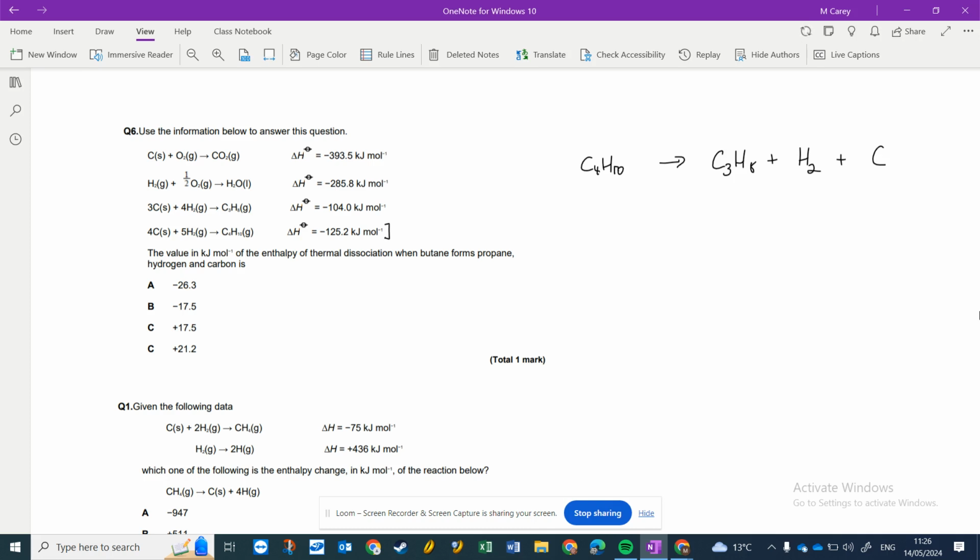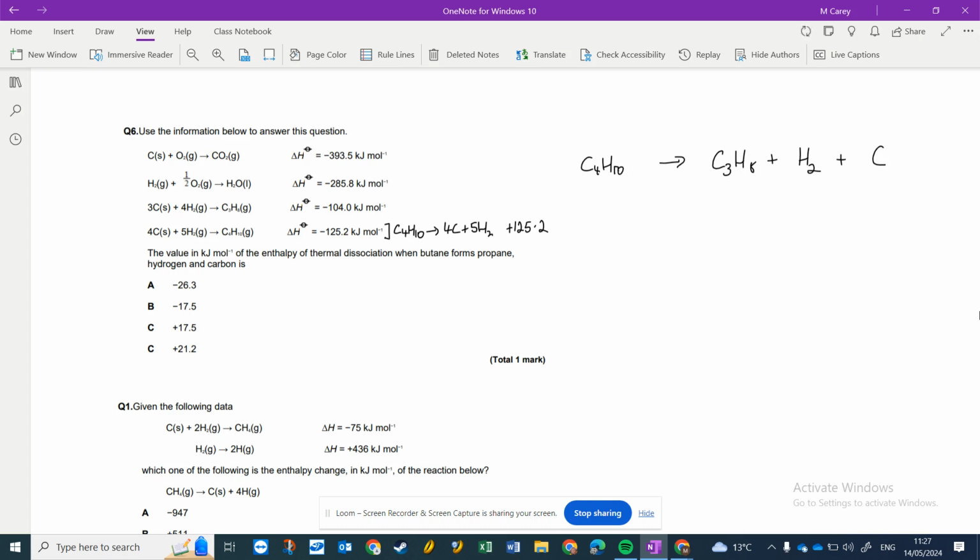So that's going to be C4H10 gives you 4C plus 5H2, because we need the C4H10 as a reactant. And that's going to be plus 125.2. So we're going to have that. Now we need C3H8 as a product.